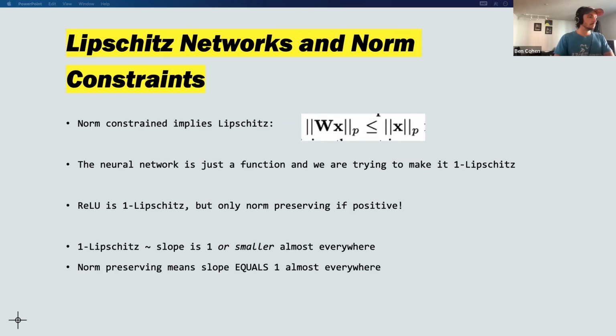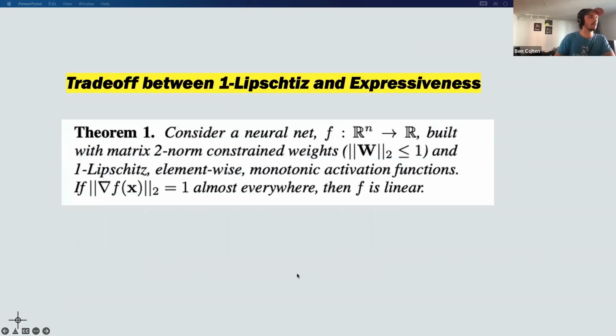Okay, so back to the idea of making the weights and the activations 1 Lipschitz. A stronger condition is that they're norm preserving, gradient norm preserving. But wait a minute, if they're norm preserving, that means the slope is just 1 all the time. And doesn't that mean I just have a linear function now?